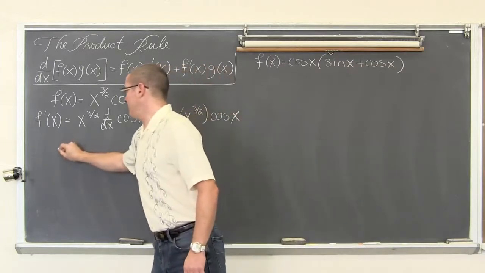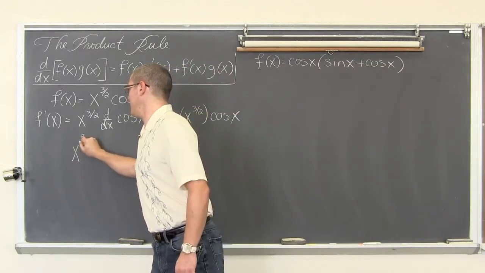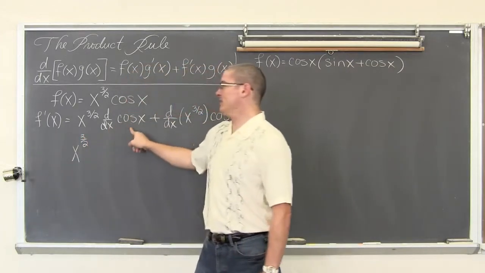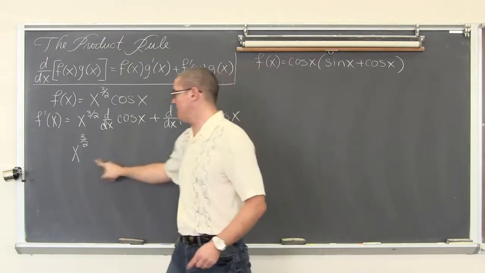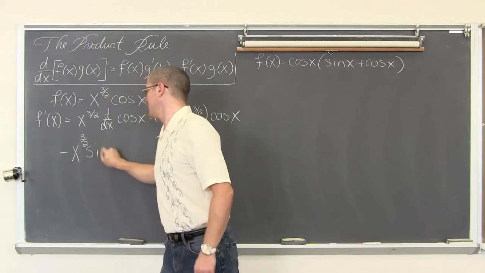That is going to become x to the 3/2 power. The derivative of the cosine of x, remember, is negative sine x. I'm going to let that negative float out front.